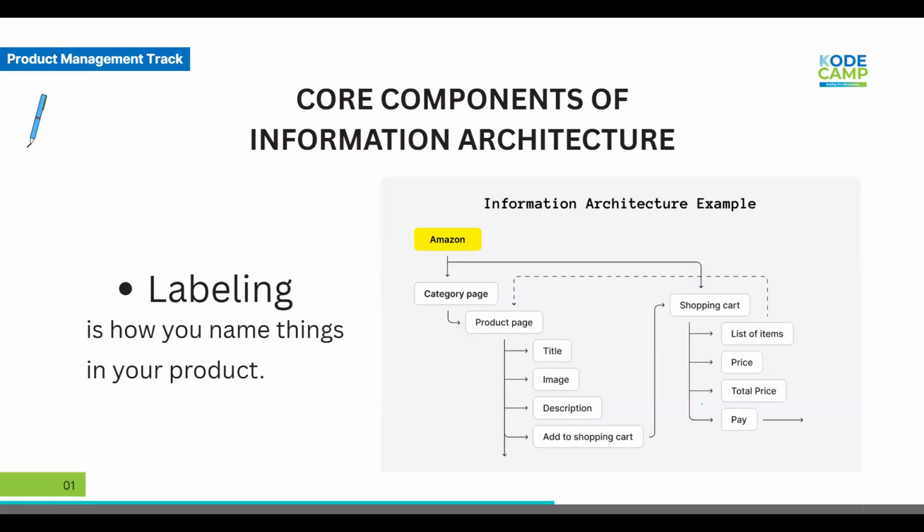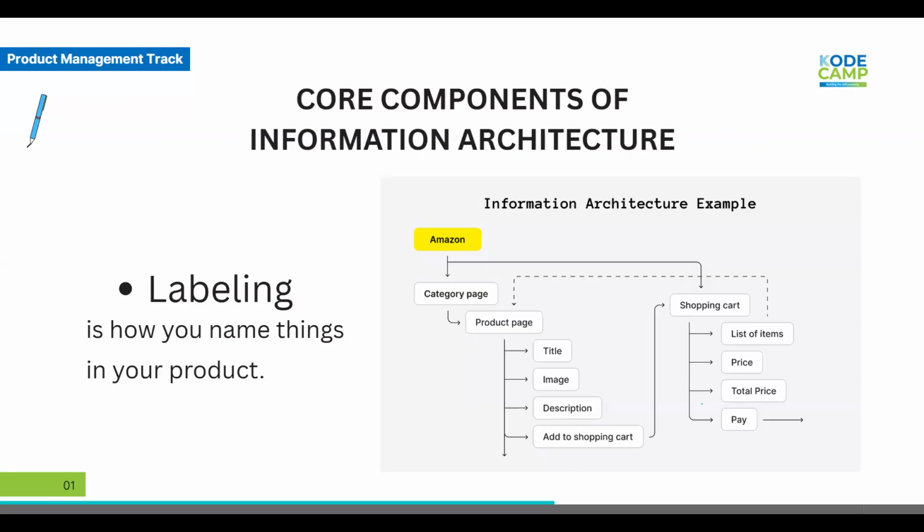Your job as a product manager is to remove friction wherever you can. And labeling is one of the most effective tools to do that. It seems small, it seems simple, right? A word here and a phrase there, but labeling decisions shape your user's experience step by step. You need to be able to label your product very well.